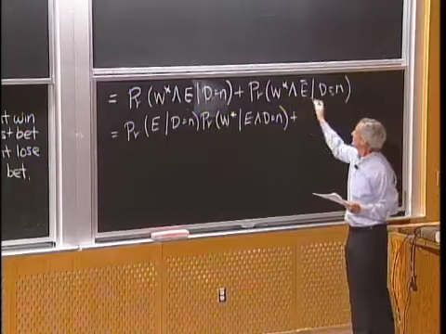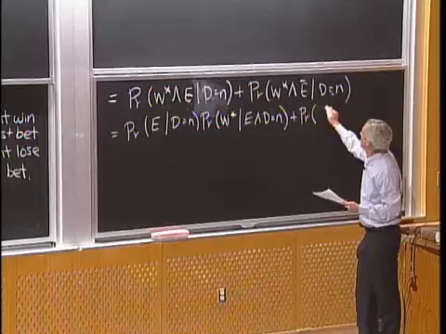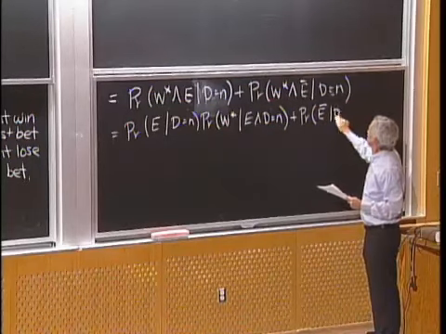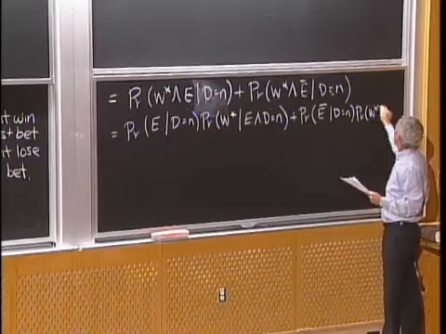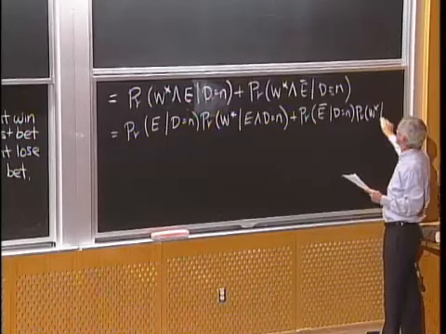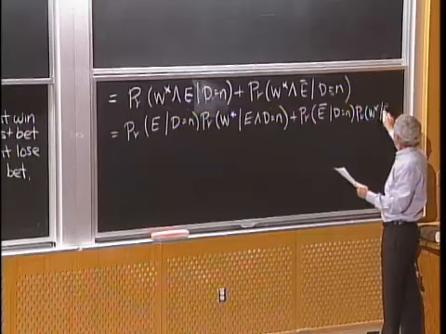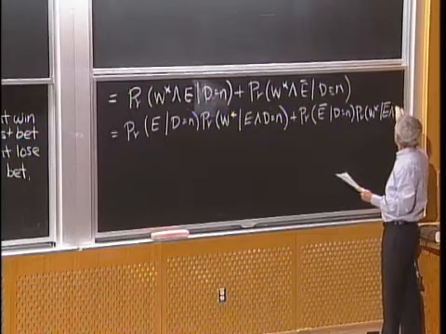Same thing over here. This now is the probability of E prime, given d equals n, times the probability of W star, winning, going home happy, given that you lost the first bet and d equals n.